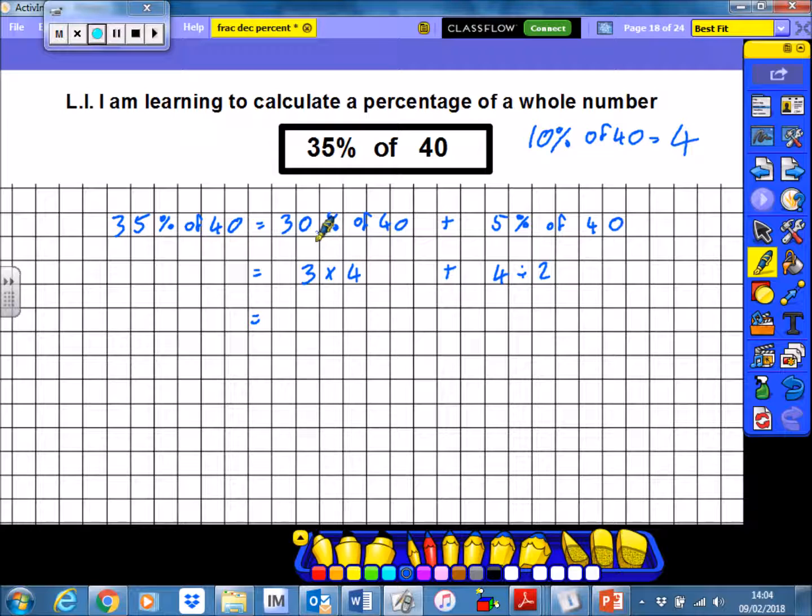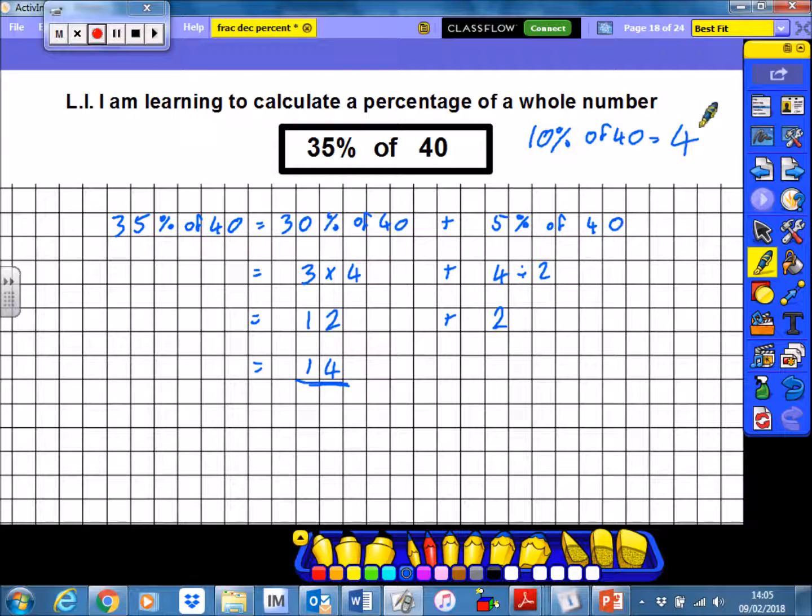So let's start working this out. 3 times 4 is 12, so 30% is 12. 5% is 2. So that means that 35% is 30%, which is 12, plus 5%, which is 2, 14 is our total.